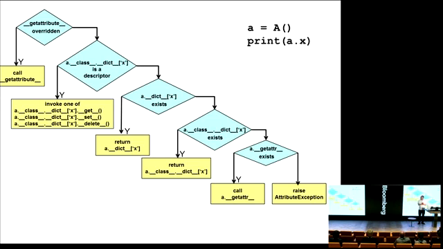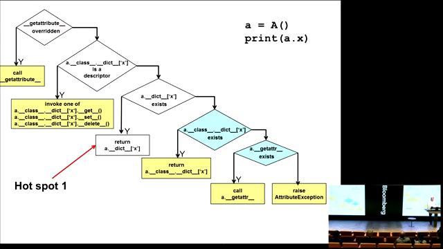So let's assume that the attribute x does exist. For an a.x, it does exist. It is there. Then this is the hotspot. So this diagram's got two hotspots. When x exists, obviously you have not done that, you haven't done that, you're here, and that's the hotspot.